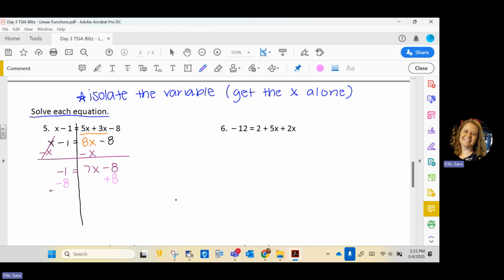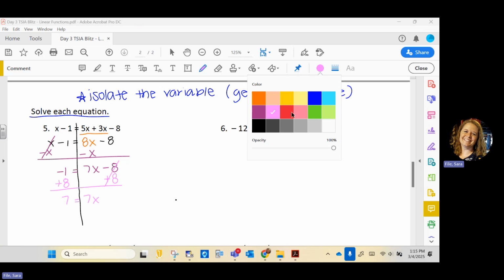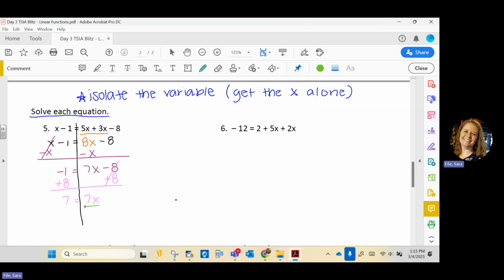So I'm going to move that 8 by opposite operation, which is plus 8. So that becomes 7 equals 7x. Then I've got a coefficient I need to divide out to get x alone. So when I get x alone, 7 divided by 7 is 1.